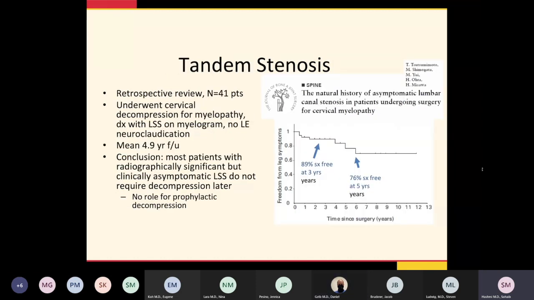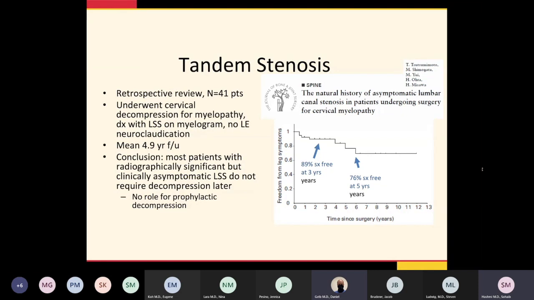Another thing to keep in mind is patients with tandem stenosis, both cervical and lumbar. There was a study out of Japan that looked at the natural history of the asymptomatic lumbar canal stenosis in patients undergoing cervical myelopathy.